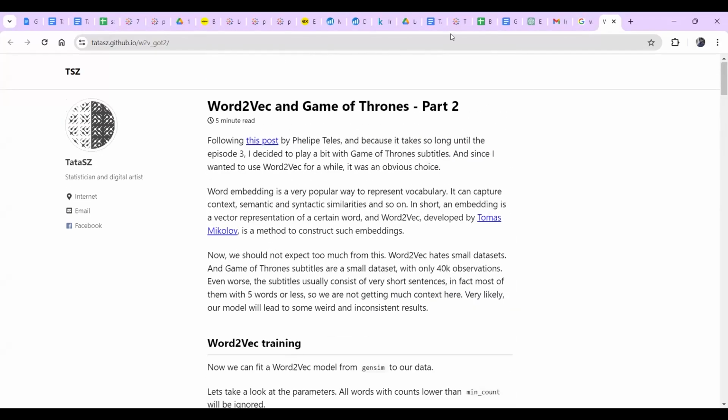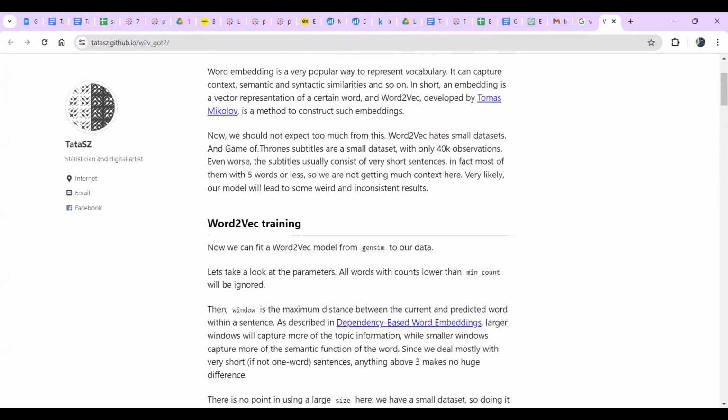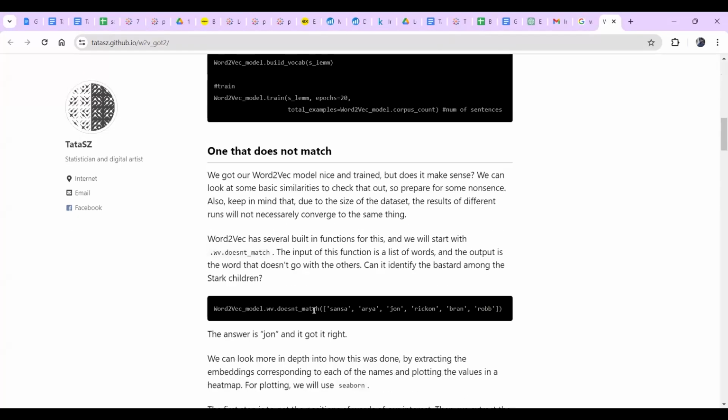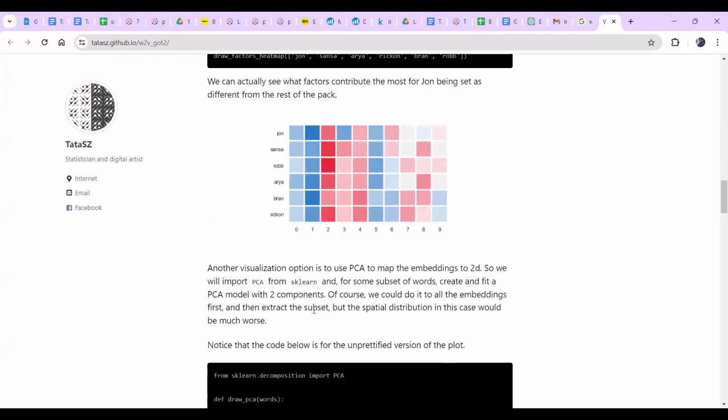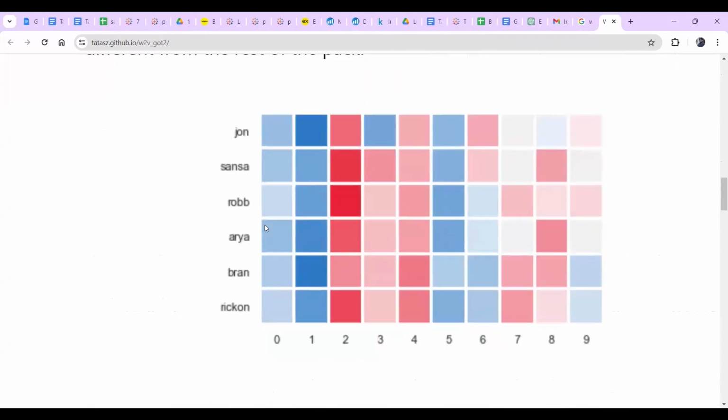Okay, so in this document, this is a very famous project on Game of Thrones, but we'll go into the code a little while later. If you notice this diagram, this is a heat map with information regarding Game of Thrones characters. You can see Jon, Sansa, and the whole set of words. For these words, you have the corresponding vector representation, as we created the vector representation.